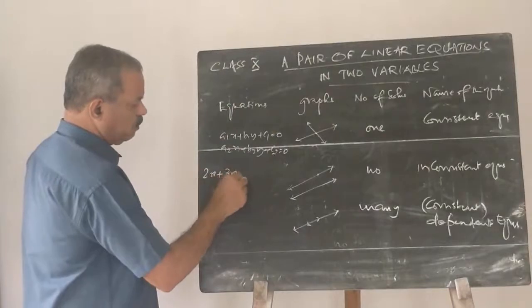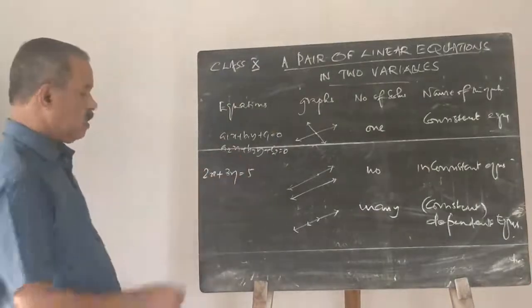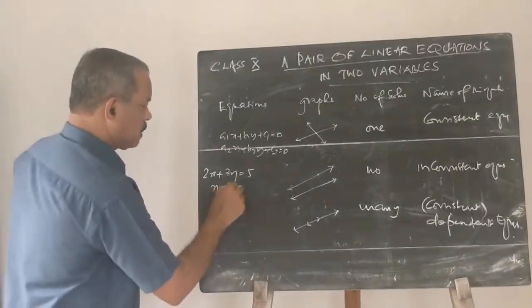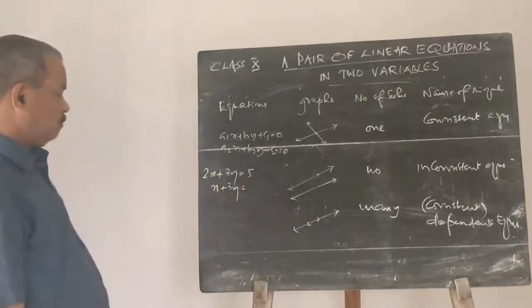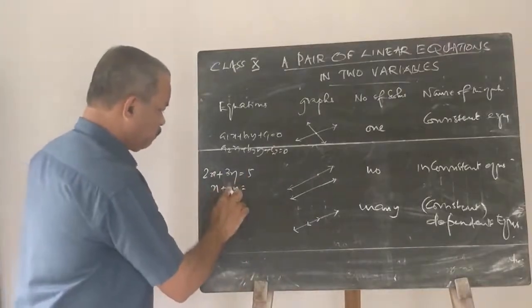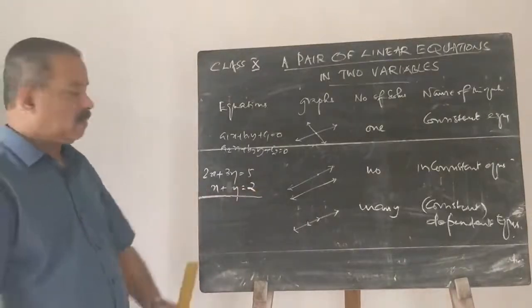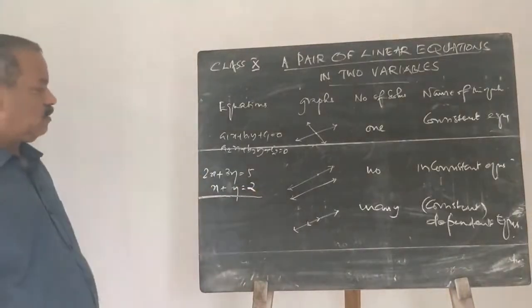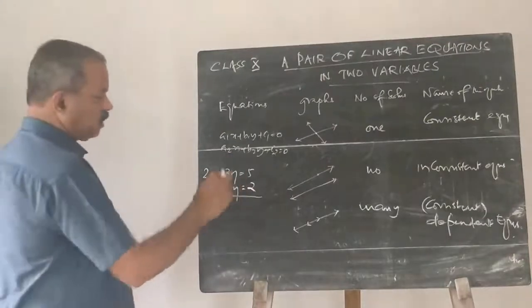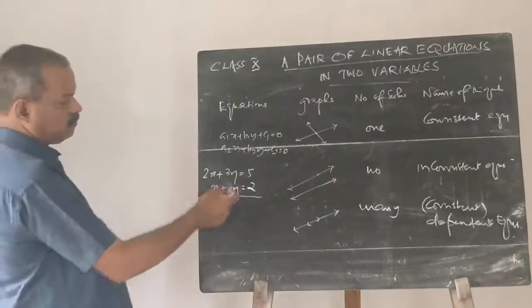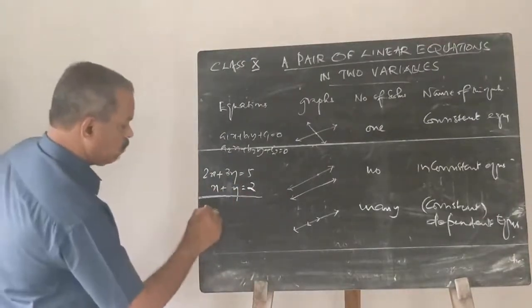Now consider the equations 2x plus 3y equal to 5 and x plus y equal to 2. Consider these two equations. How can we draw the graph of these equations?